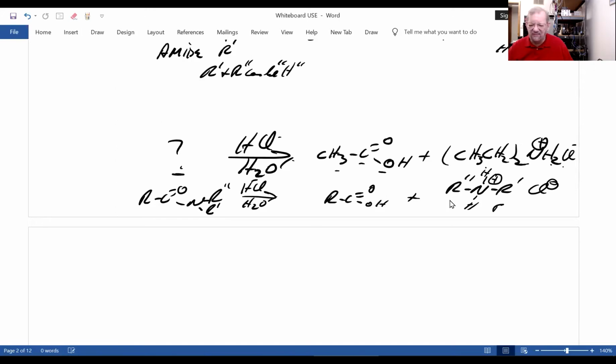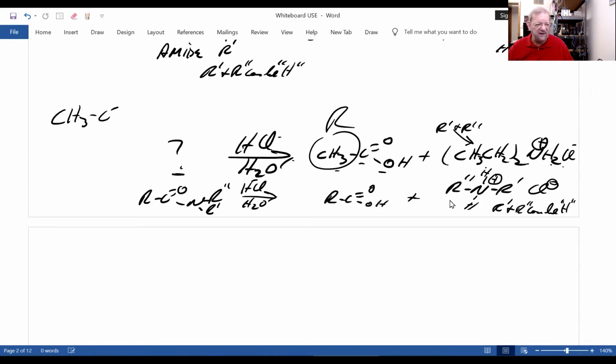And remember, R prime and R double prime can be hydrogen. In this case, they're not. So I can call this R, and these are the same. I can call R prime and R double prime. So our amide, R group, carbonyl, nitrogen. What's my R prime? R double prime? CH2, CH3.